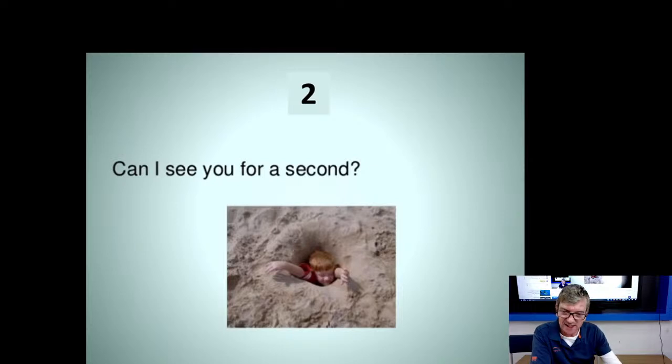Can I see you for a second? It's going to take much longer than a second. When people chat to each other, it's usually 1 or 2 minutes for the very quickest time. So only 1 second then is clearly understating, right? It's an understatement.